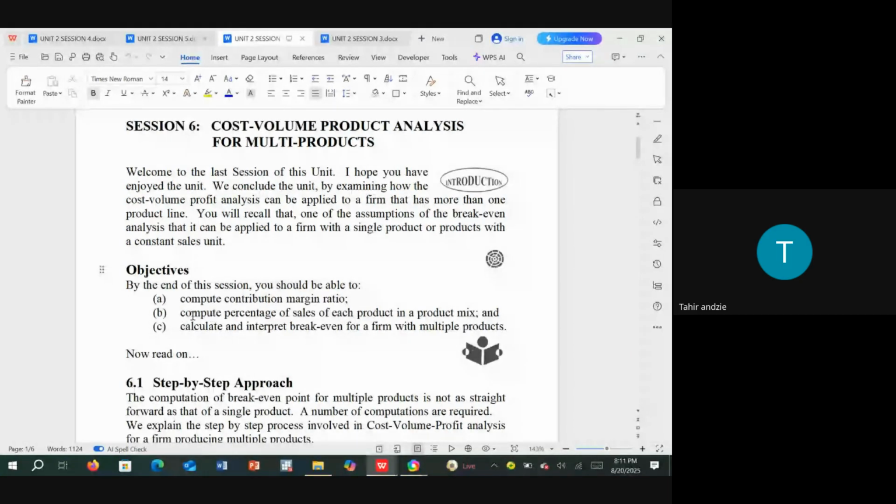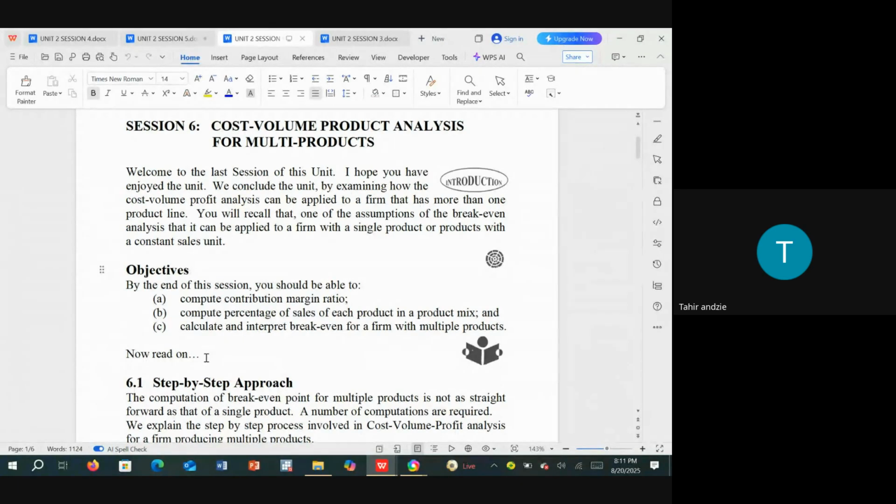You should be able to compute the percentage of sales of each product in the production mix. The production mix here is the proportions with which the total sales of the firm have been made from the various products. So if the company sold 3 products, how much percentage of the sales is coming from product A? How much from product B? How much from product C?